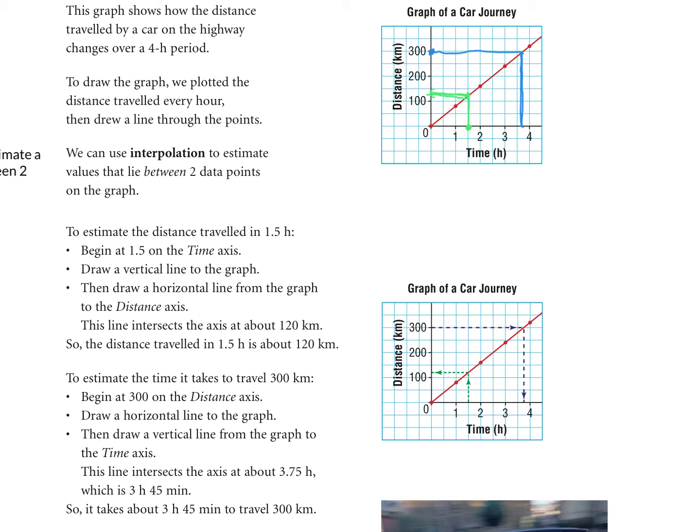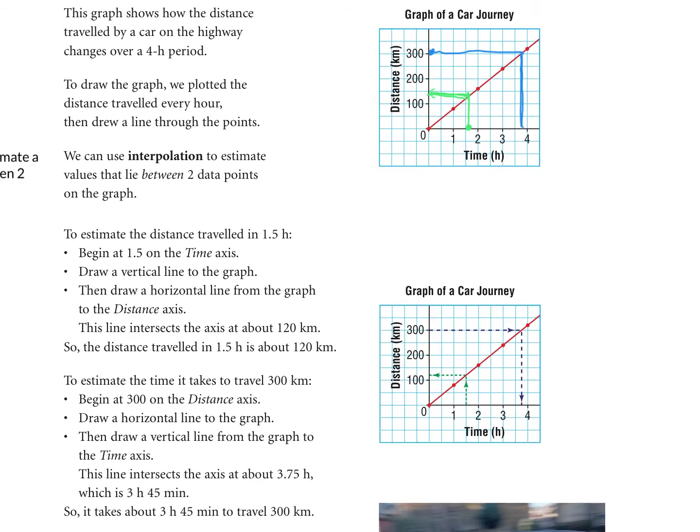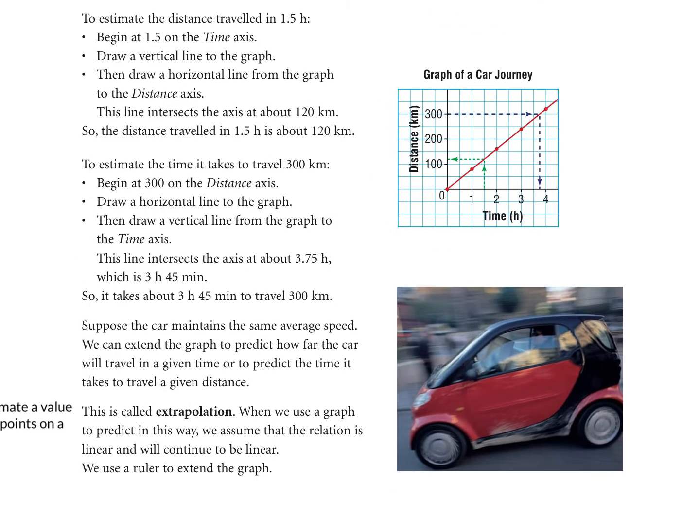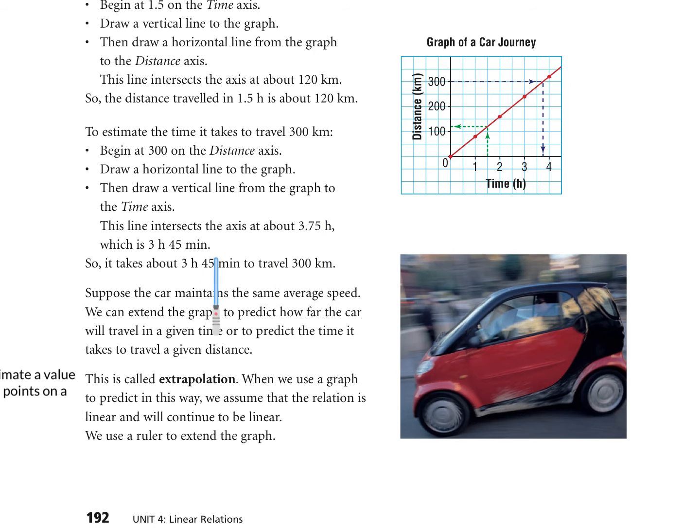So you might want to say 3 hours and 50 minutes, 3 hours and 45 minutes, something like that. When we look down a little further, oh, those lines are moving on us. There we go, that's close enough. When we look down here, we can see that it was indeed 3 hours and 45 minutes.